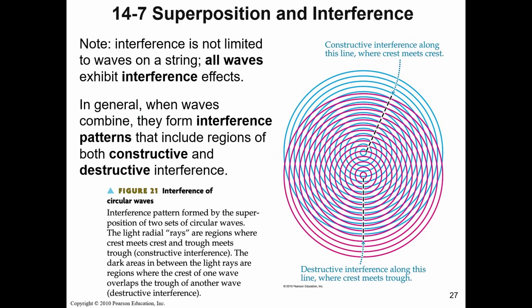We need to note that interference is a very specific phenomenon that's specific to waves, and all kinds of waves will exhibit interference effects. So it's not limited to waves on a string. For example, we have these two circular waves, like water waves, propagating in different directions in space, so the peaks of these waves form concentric circles.